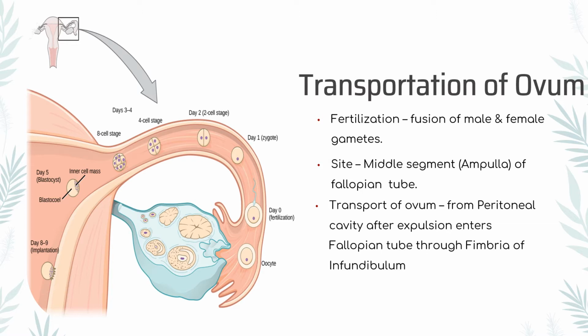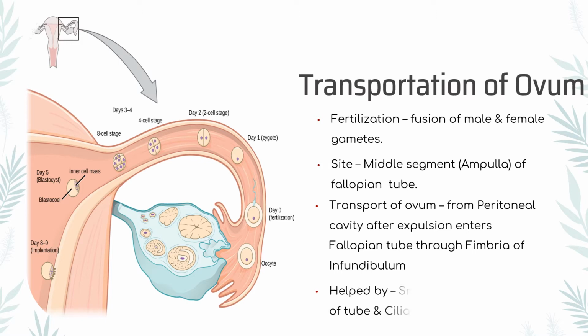There are fimbriae of the fallopian tube and that is internally lined by ciliated epithelium. When ovulation occurs, the fimbriae of the infundibulum encircle the surface of the ovary. It rubs it and picks up the ovum and then directs it towards the ostium by the continuous beating of the cilia.